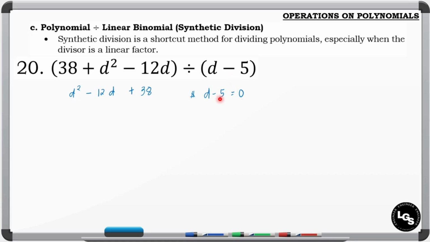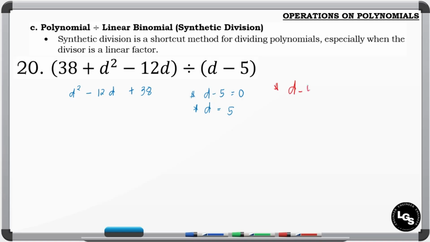Then, we will transpose the constant to the other side, so that will become d equal to 5. Remember, if we are transposing the constant or any variable to the other side, the sign will change.